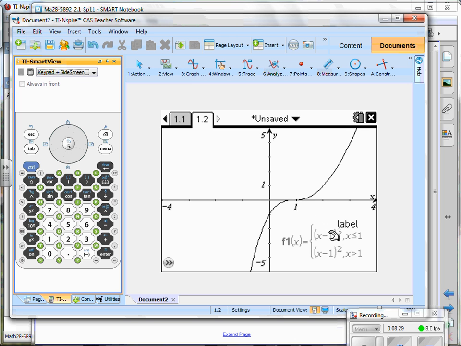If I put 1 into this top function, 1 minus 1, cubed, is 0. Okay. Now I can't use 1 down here on this second piece, but if I could put 1 in there, what would the output be? 0.